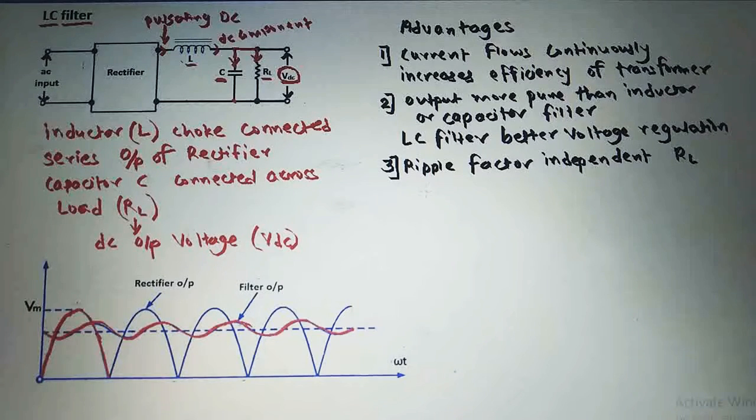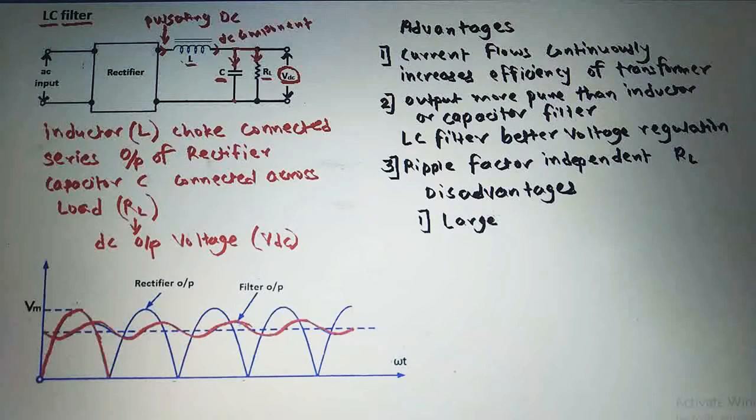Now we will see the disadvantages of the LC filter. The first disadvantage of LC filter is that there is a large size of inductor.